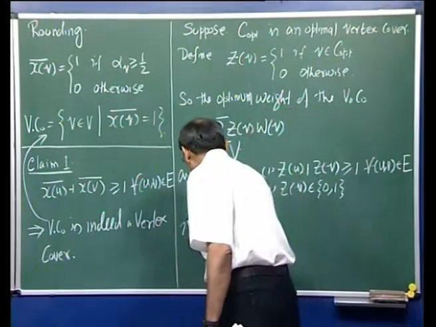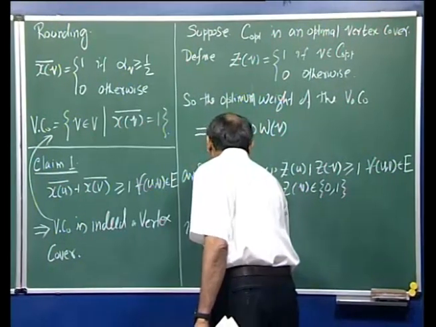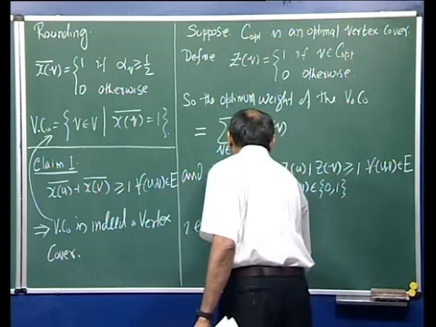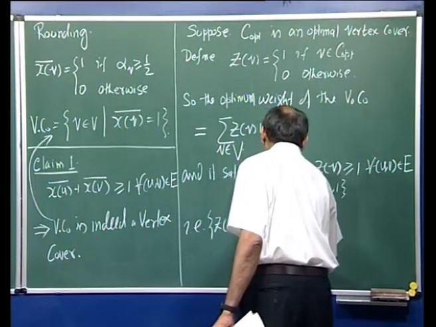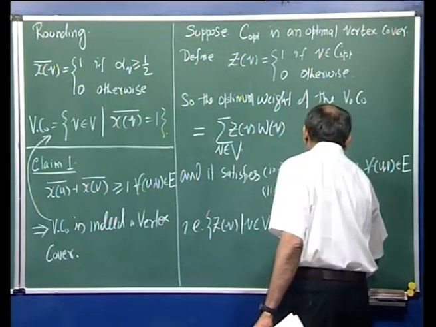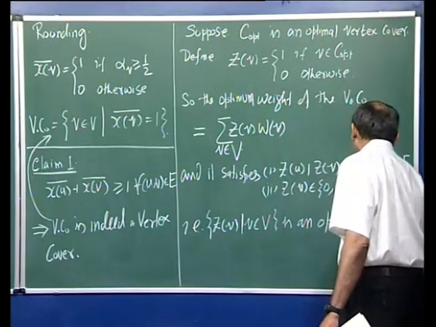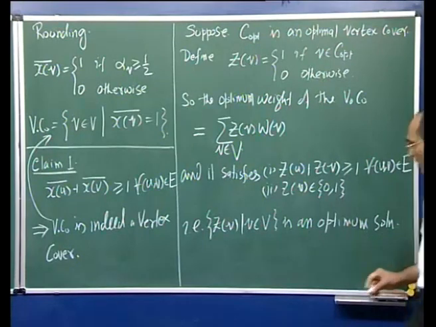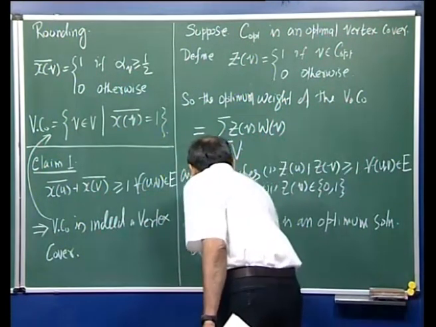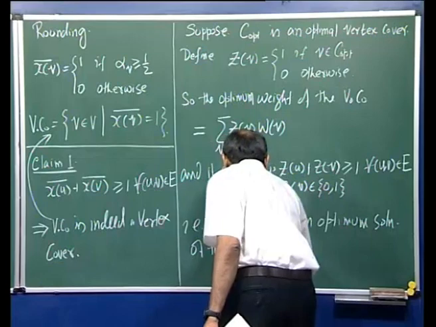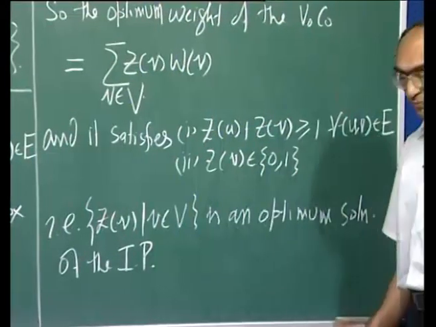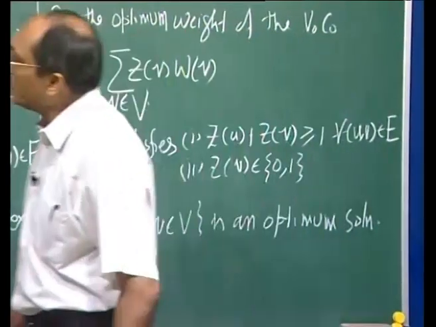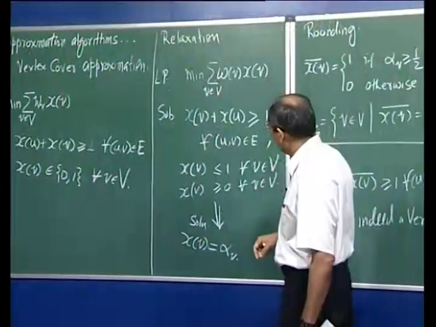That is, ZV is an optimum solution of the integer program. All right. Now, let us get back to this linear program.